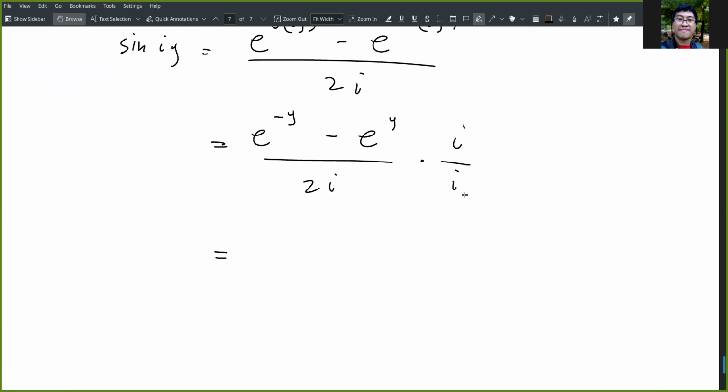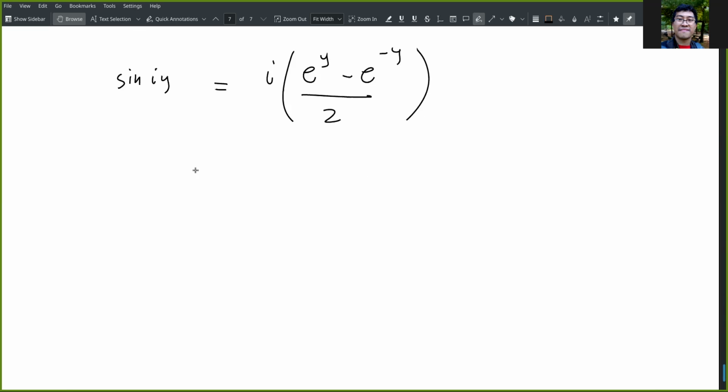So i times i is negative 1. So we can also exchange these two to get rid of the negative. You have i times (e^y minus e^(-y)) over 2. Okay, this i is outside the fraction.